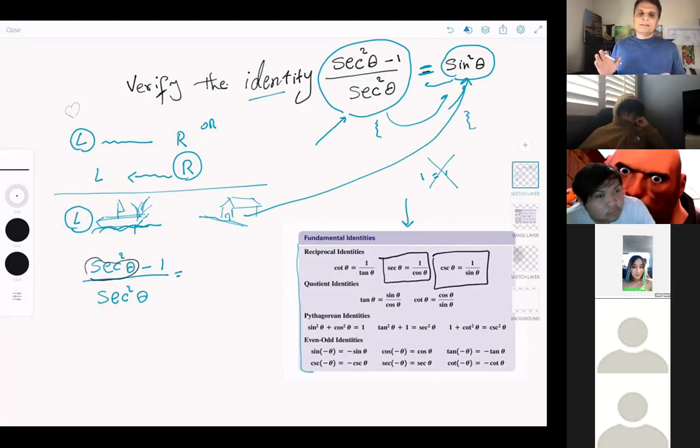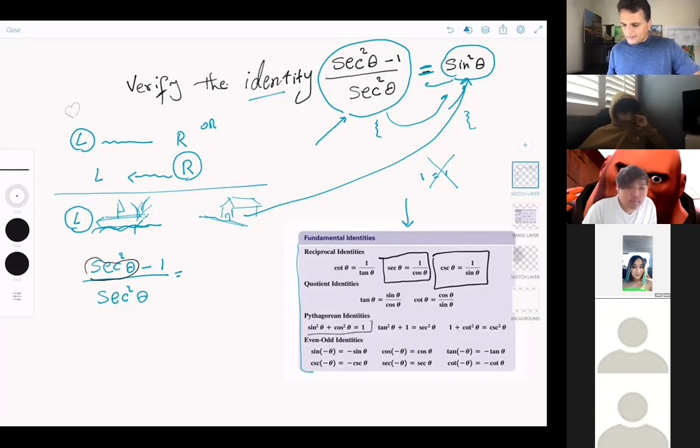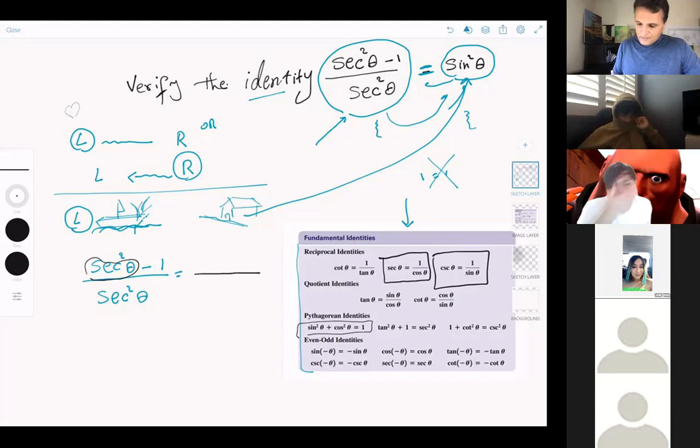I know if I change it, I get everything in terms of cosine, but that's a good start, because then we have something in terms of sine and cosine. We have another formula here. So instead of secant, I'm going to put 1 over cosine. So we're going to have 1 over cosine of theta.